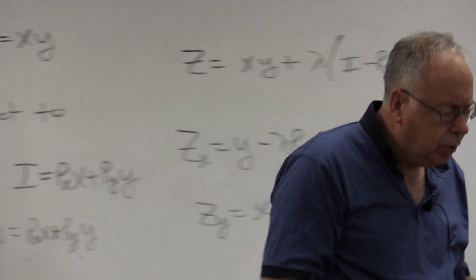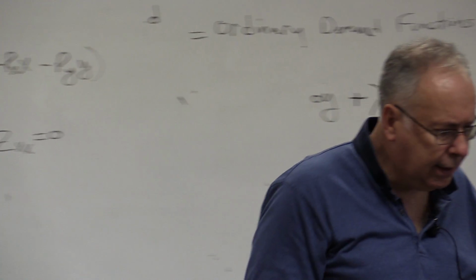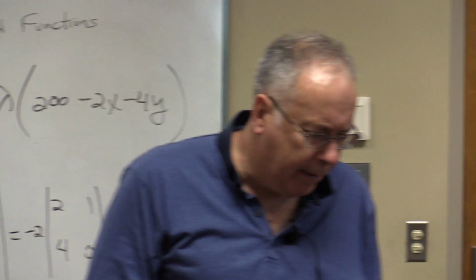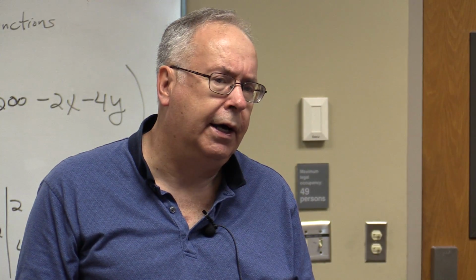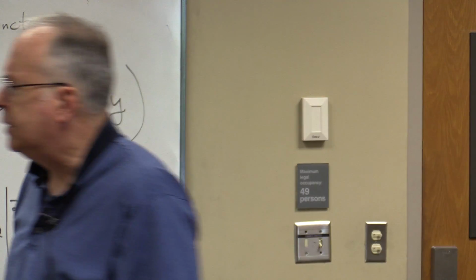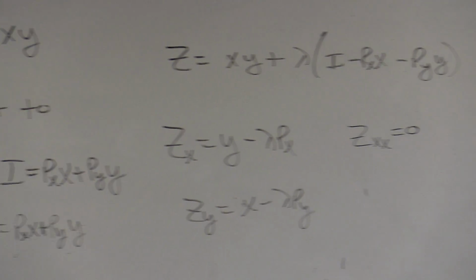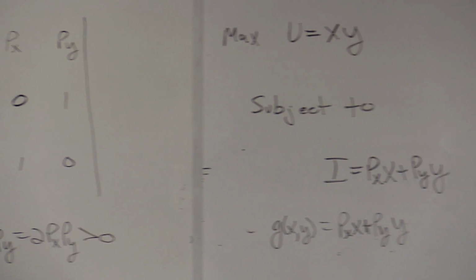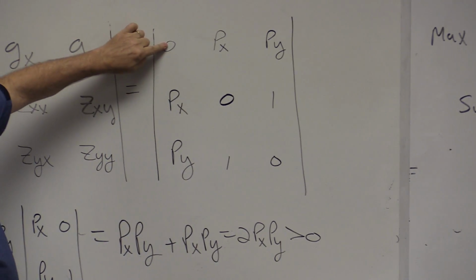Actually, you can determine the sign of the minor by looking at whether the subscripts of the element are odd or even. This is the element 1, 1. 1 plus 1 is an even number. So this is a positive.